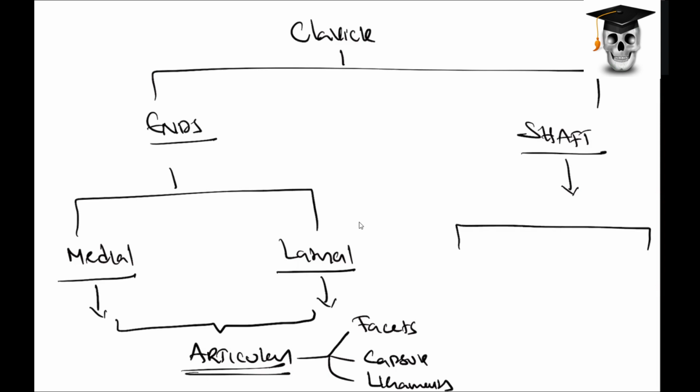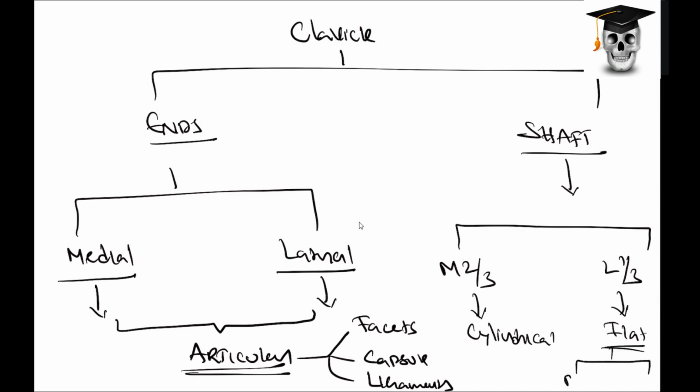The intervening shaft is divided into a medial two thirds and a lateral one third. The medial two thirds is cylindrical, whereas the lateral one third of the shaft is flat. When any object is flat, it will have borders and surfaces. When any object is cylindrical, just like a cooking cylinder, you don't have any border.